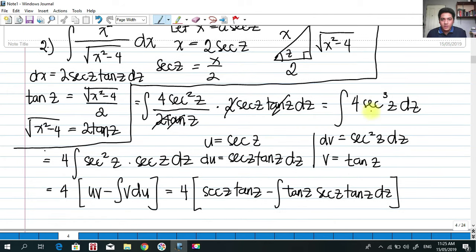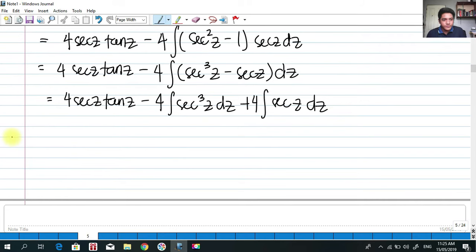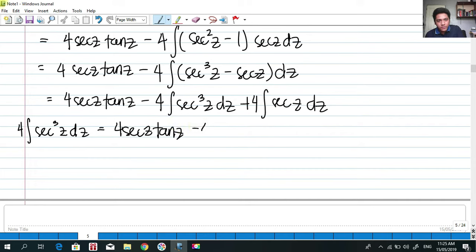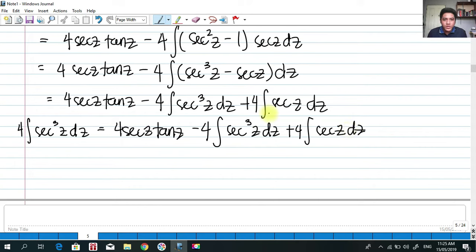That is equal to 4 integral of secant cube z dz, and it is equal to this integral. Agree? Because this integral came up when we used IBP on this integral, so this must be equal. Minus 4 integral of secant cube z dz plus 4 integral of secant z dz. What are we going to do to eliminate this? Because this will lead to an unlimited IBP.